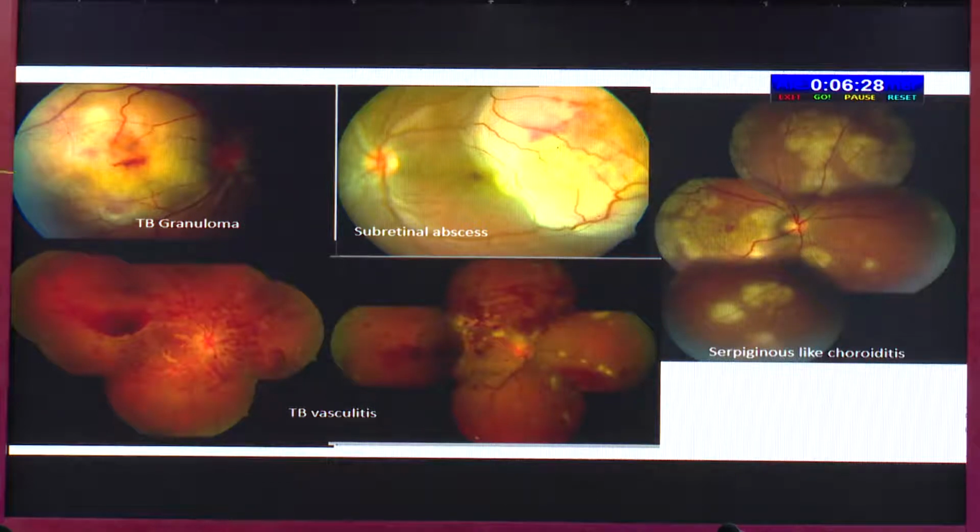Over a period of time, we realized there could be granulomas, there could be subretinal abscess, or there could be immune manifestations of TB in the eye in the form of serpiginous-like choroiditis and TB vasculitis.